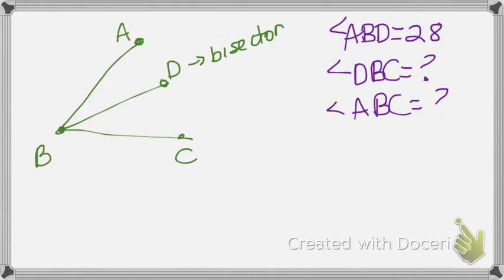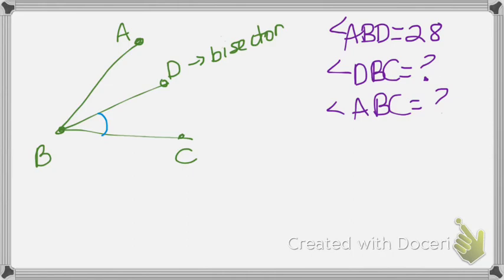Alright, so instead of them just being obvious and putting the angles in and everything, they're going to give it to you with lots of letters. Alright, ABD is that angle there at the top, 28, and it tells me it's 28. Okay? Then it says DBC. Well, DBC starts at D, goes to B, and goes to C, and it's the angle in the middle. Okay? So it would be this one right here, and that's what we're looking for.